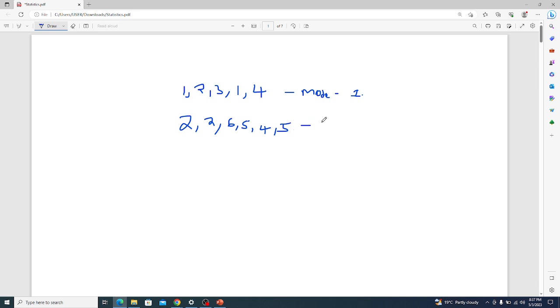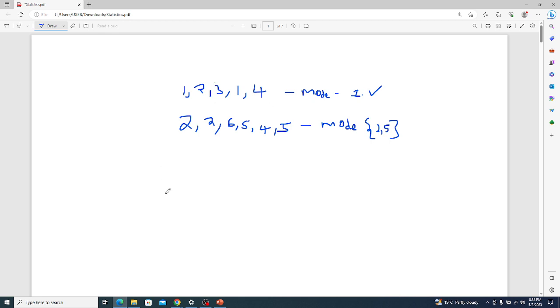What is our mode here? Student: There are two. Can they be two? Yes, of course, here we will have a set of two modes, 2 and 5. So this is multiple mode and this is single mode.